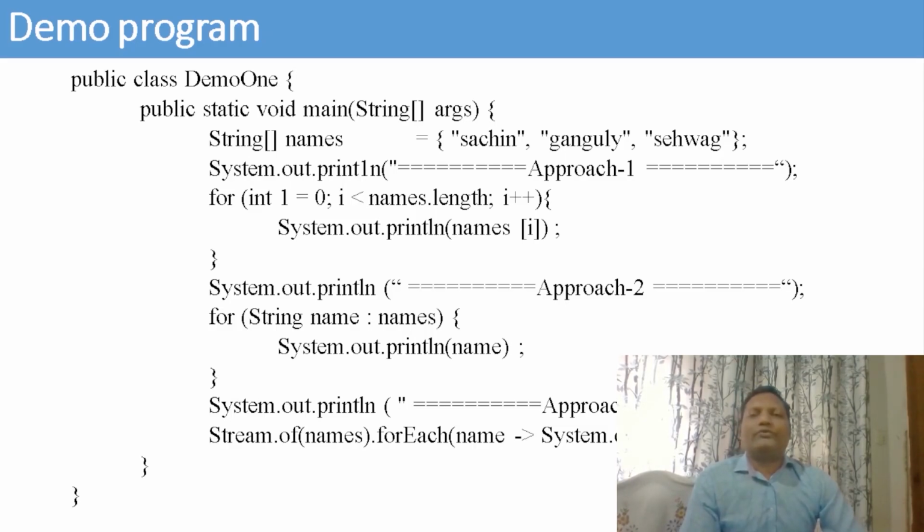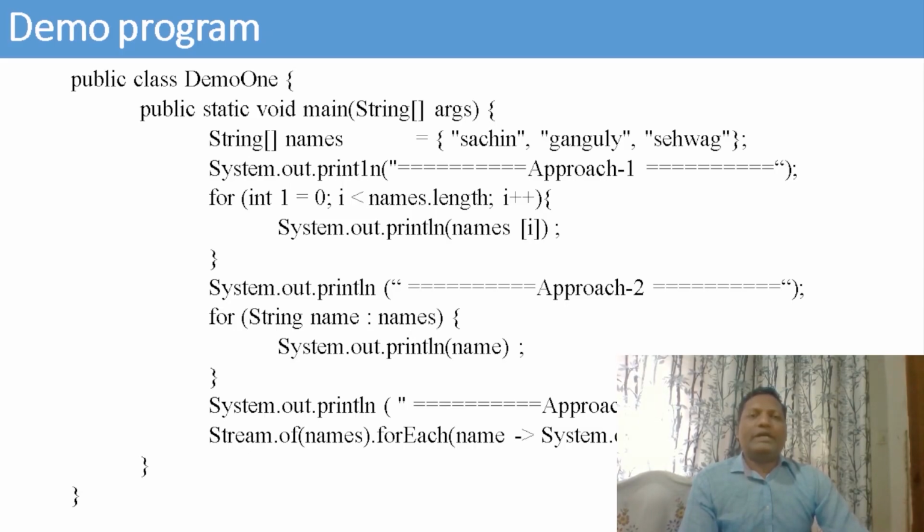Similarly, we can go for the for each loop. String name : names, an array. From this names array, take each name, store it into the name variable and print it. This is the for each loop. Approach 3, which is streams.